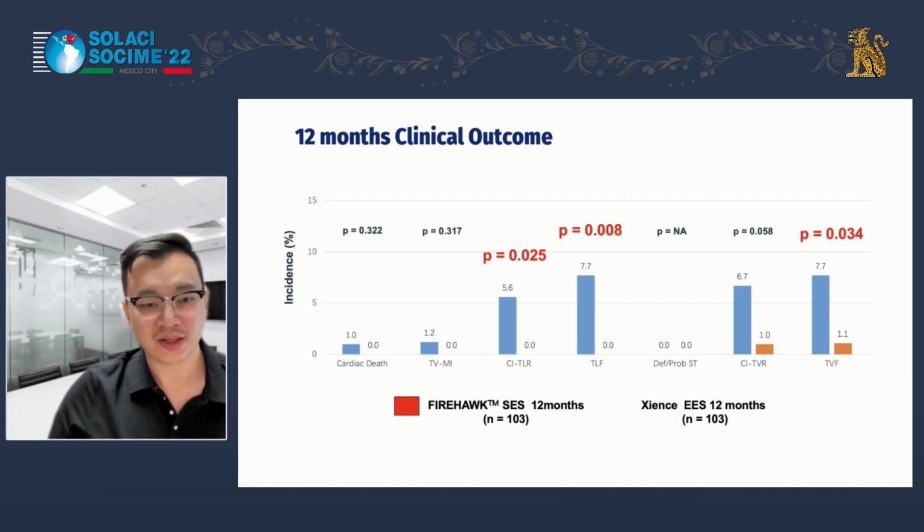The Science stent had 5.6% clinically indicated target lesion revascularization, a total of 7.7% target lesion failure. However, this study was not powered to demonstrate any differences in terms of clinical outcome, so all the results should be considered as hypothesis generating only.